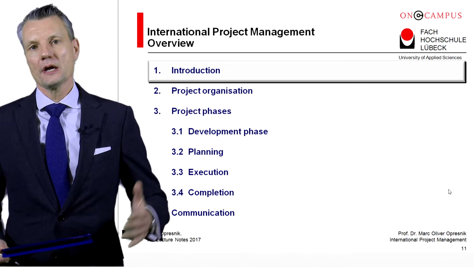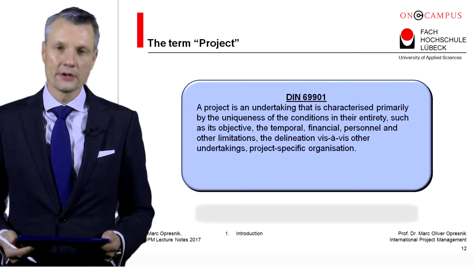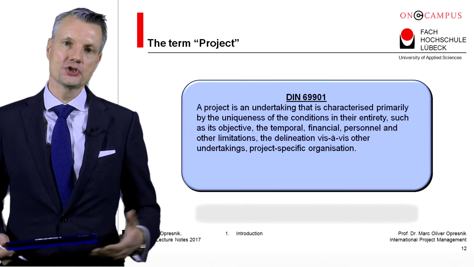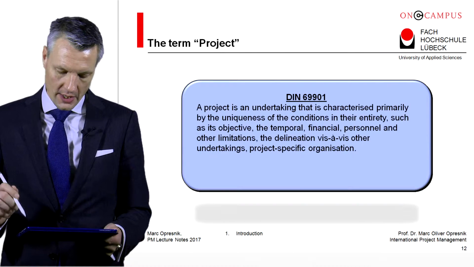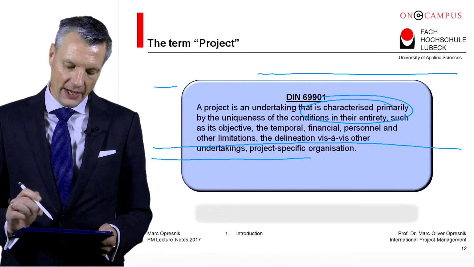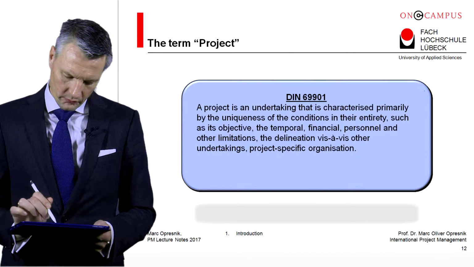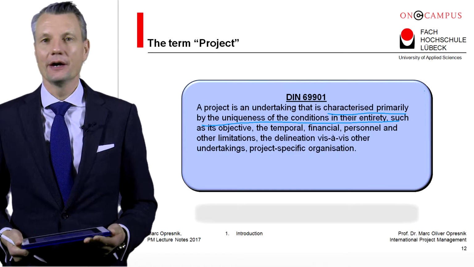We talked in the first part about the introduction, and we already briefly touched base upon a definition of a project or project management in general. So a project is defined as a unique approach.